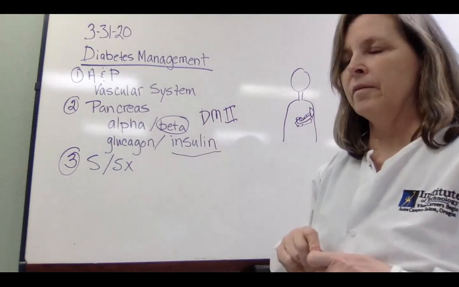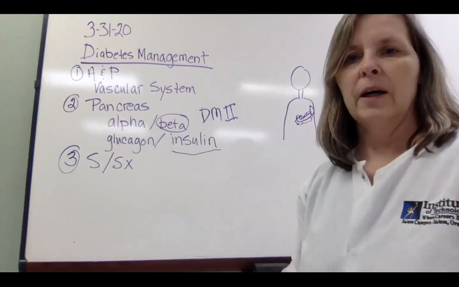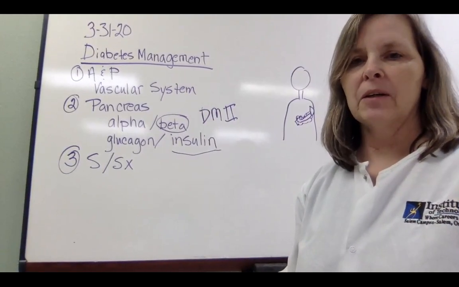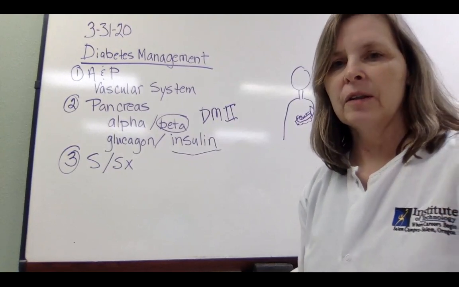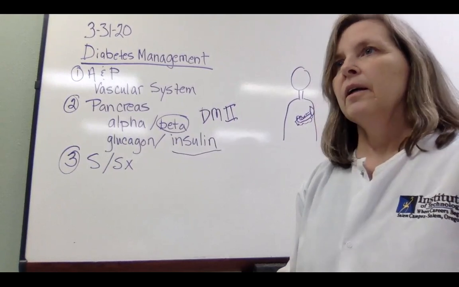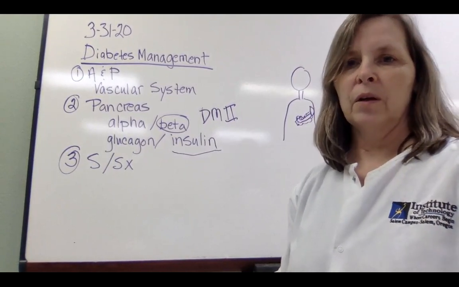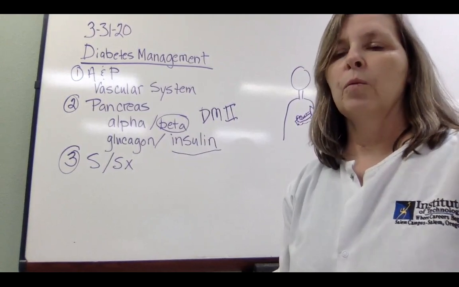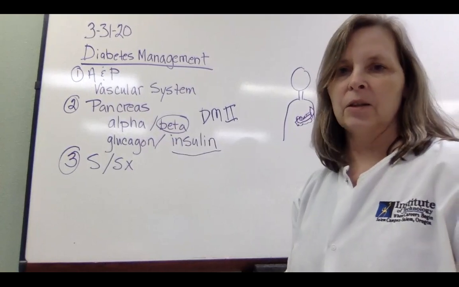Diabetes type 1, let's go over that a little bit, is when the beta cells in the pancreas die. And usually this happens during youth. It can happen up to age 30, and they no longer function. And so with diabetes type 1, the way people mostly find out is from diabetic ketoacidosis.